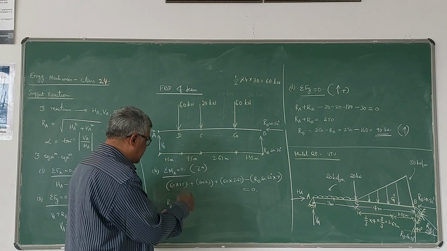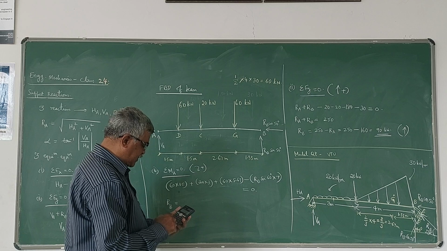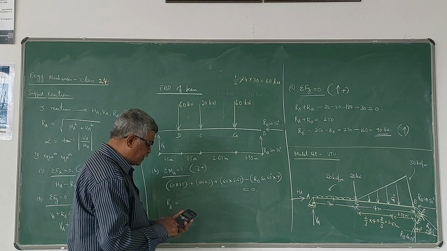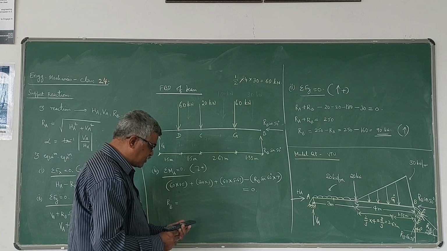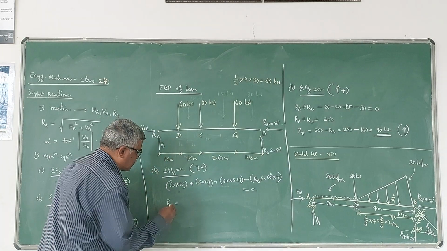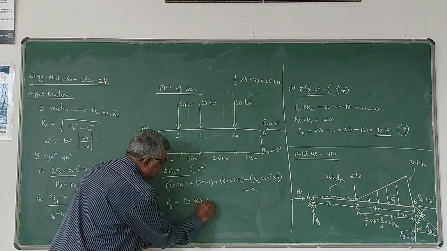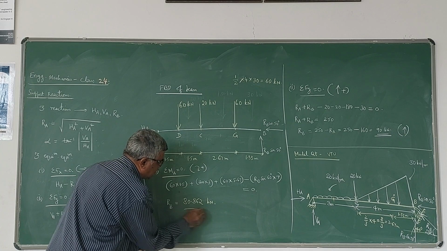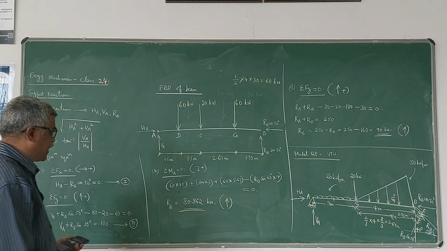So this is the LHS value we are going to get. This divided by 7 and divided by sin 60 gives the value of RB, which comes out to be 80.862 kilonewton. A positive value means your assumed direction of RB is correct.